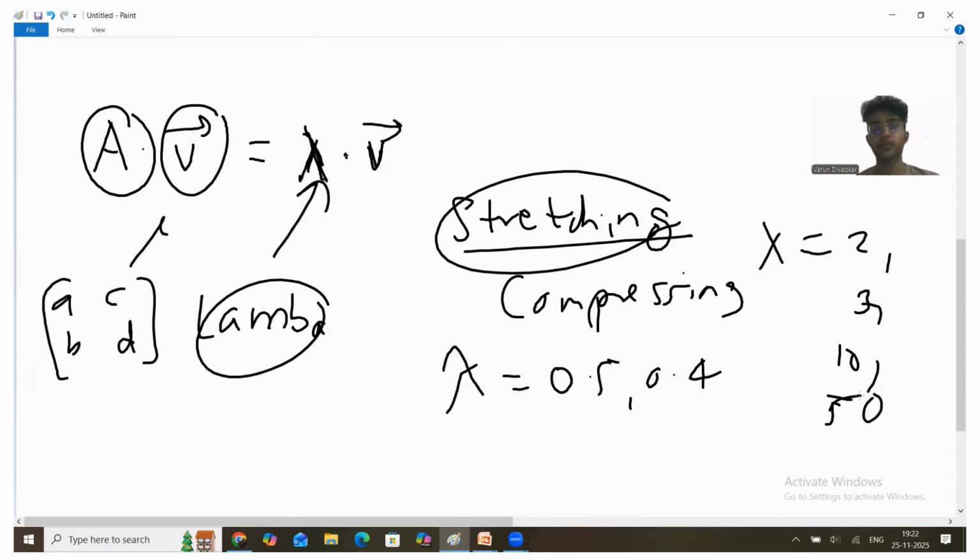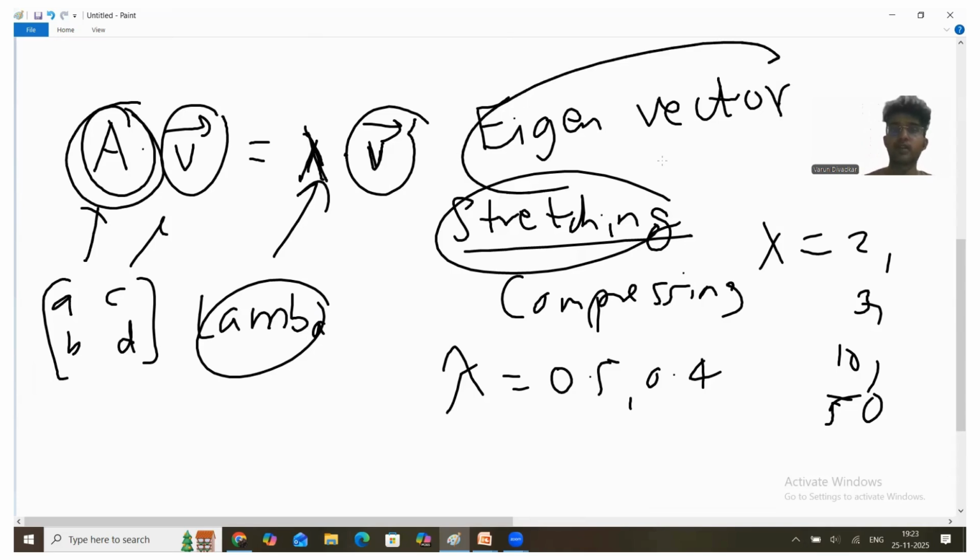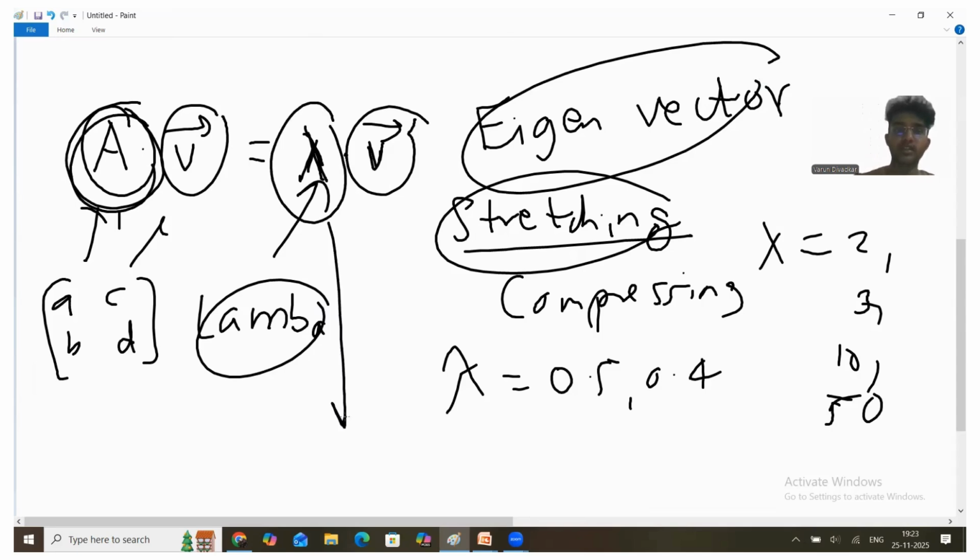If such a scenario exists, then such a vector is called an eigenvector of this matrix, and the value by which it stretches is called the eigenvalue.